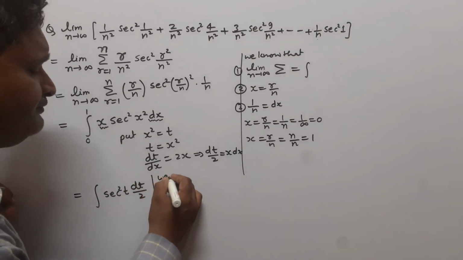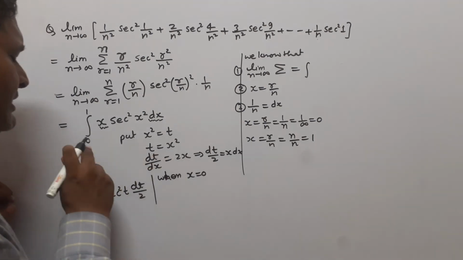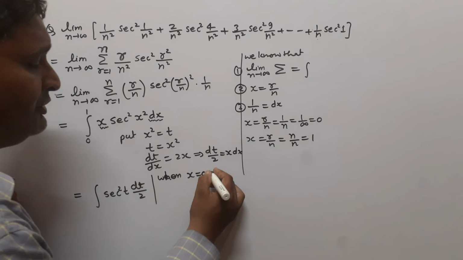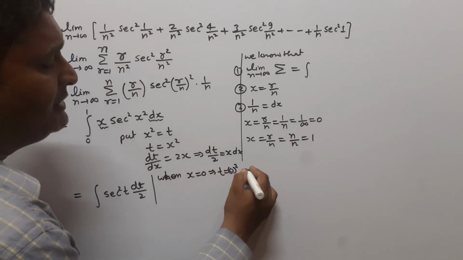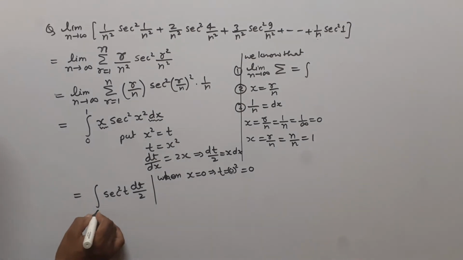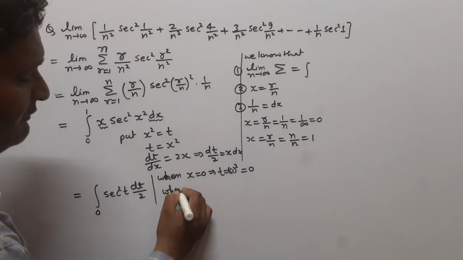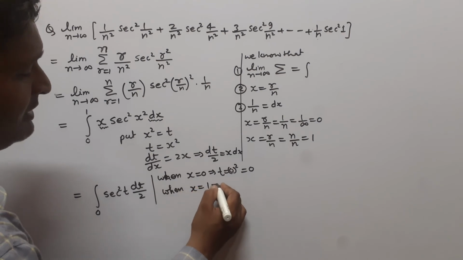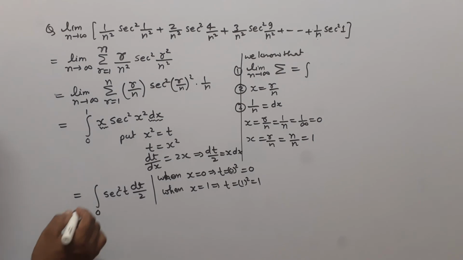When we take x equal to 0, the lower limit, t is equal to 0 square, that means t is equal to 0. So the lower limit is 0. When we take x equal to 1, t is equal to 1 square, that is 1. So we put 1.